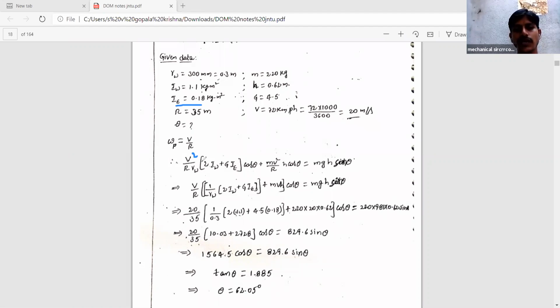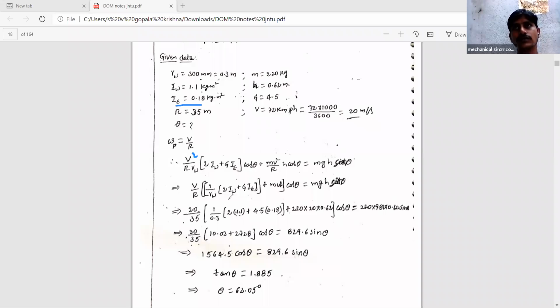In this we may also take out v by capital R common. So v by capital R into the remaining terms: v by r suffix w into 2I suffix w plus G I suffix e plus m v h into cos theta, that equals m g h sin theta.